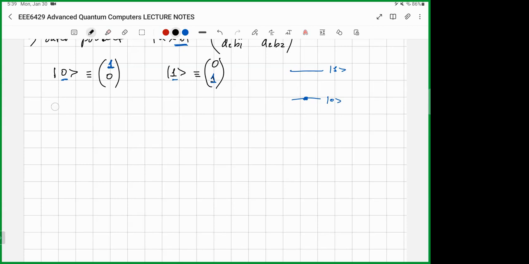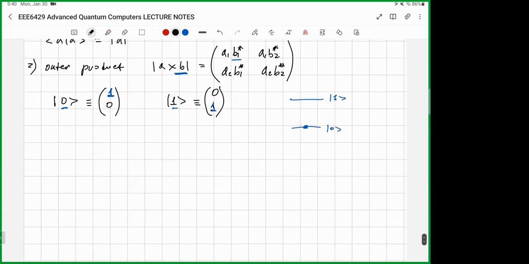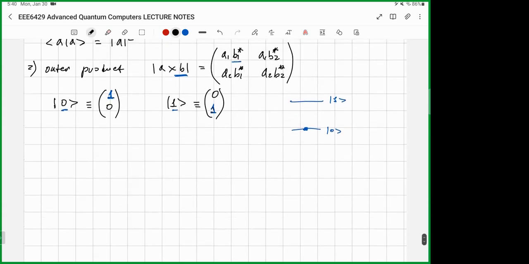But our space is two-dimensional, so remember that this index corresponds to the place of this unit, either in the first place or in the second place.